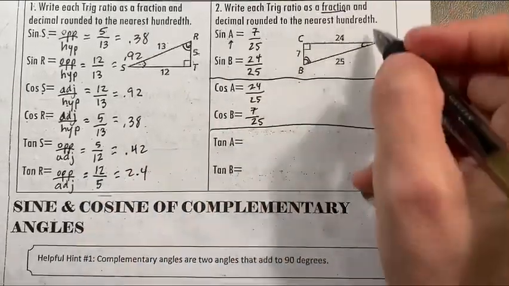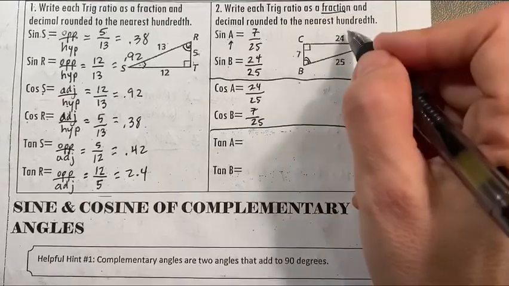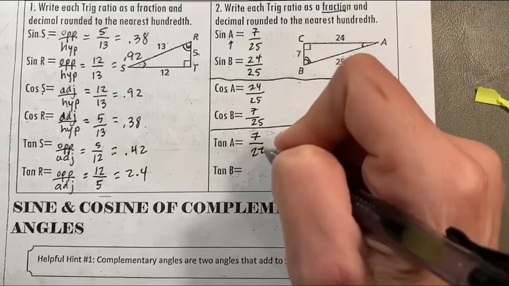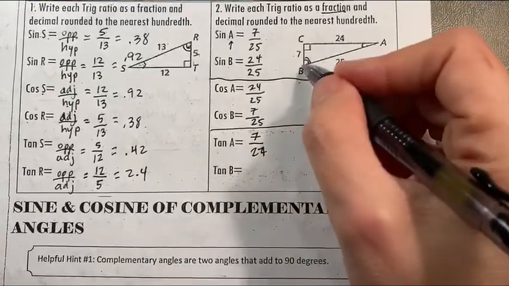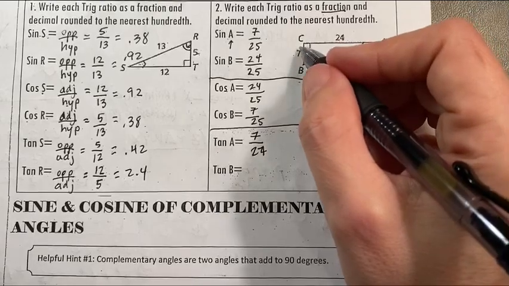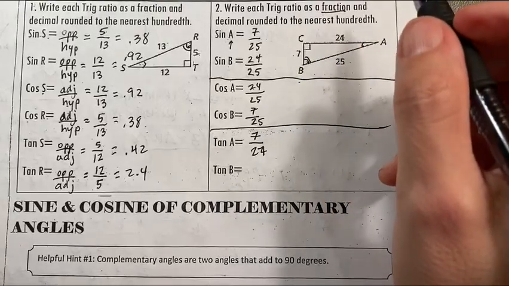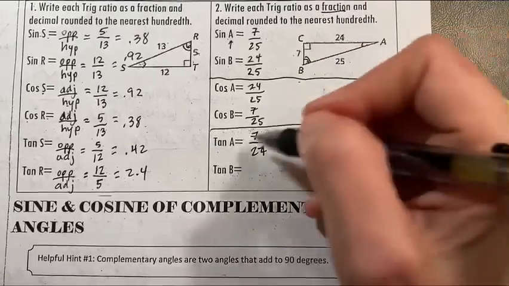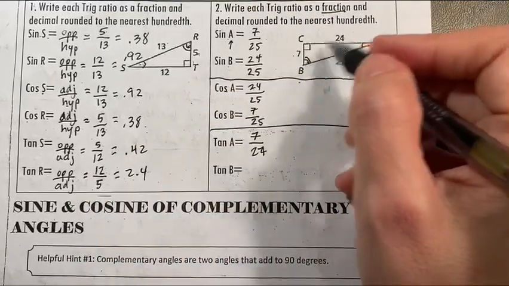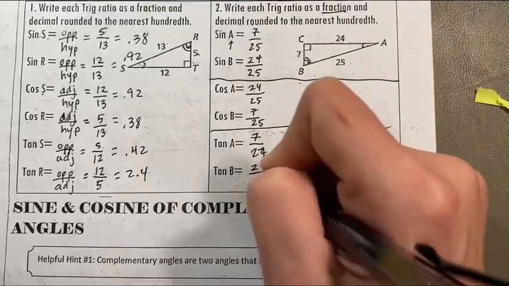So for angle A, I create the ratio 7 over 24. And the tangent of B, opposite over adjacent, so angle B, opposite 24 over adjacent 7.